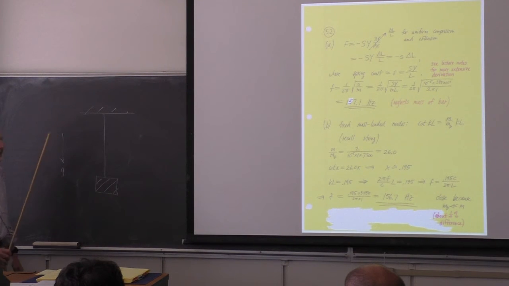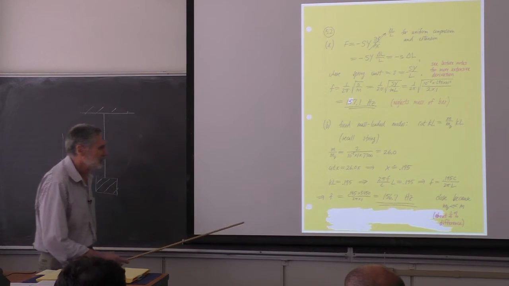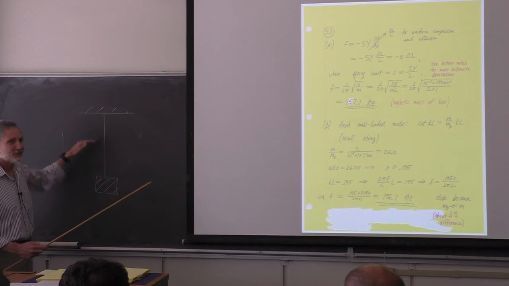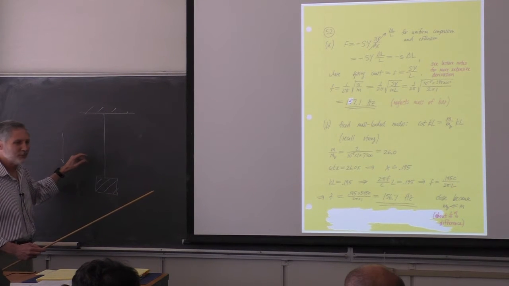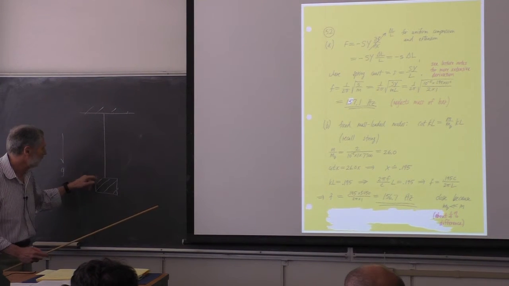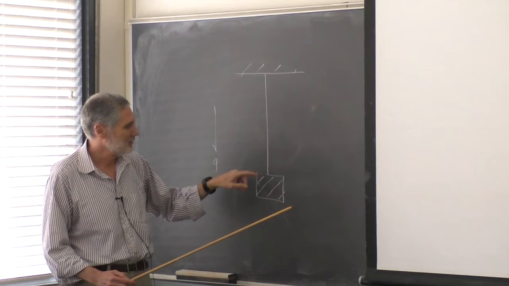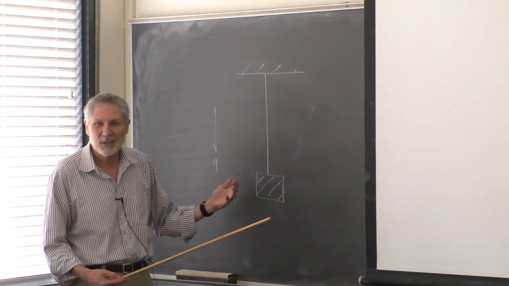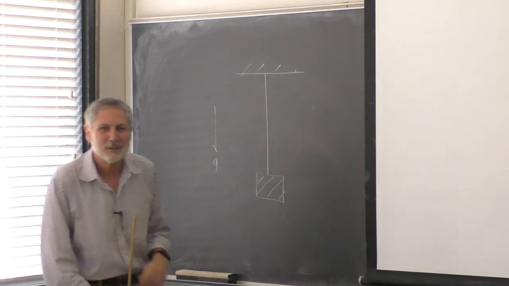In fact, something I just thought of right before class, which is embarrassing, is what happens if we add 1/3 the mass of the bar to the spring constant model and find the frequency? Remember that? That should work.